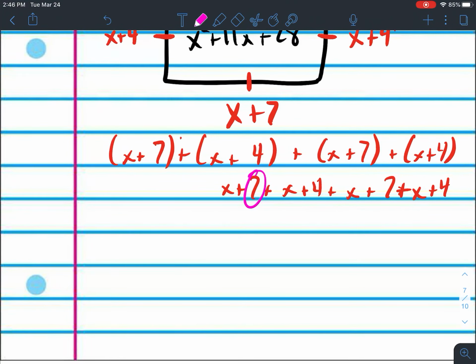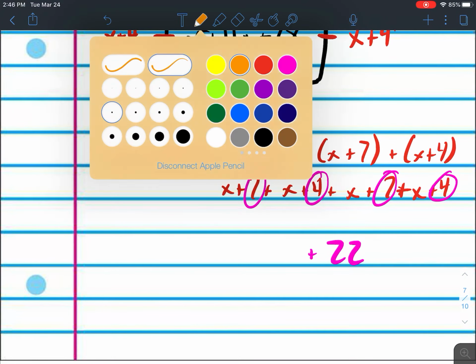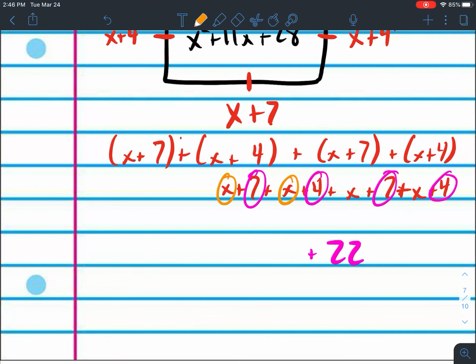Now, let's combine all our terms. So that would be 7 plus 4 plus 7 plus 4, which is 22. And then combining all these like terms, 1, 2, 3, 4: x plus x plus x plus x is 4x.